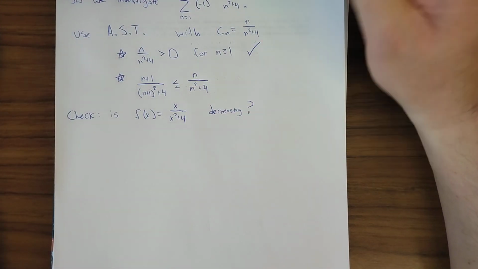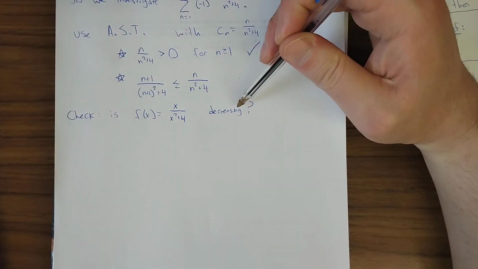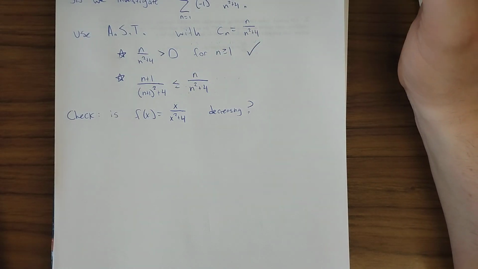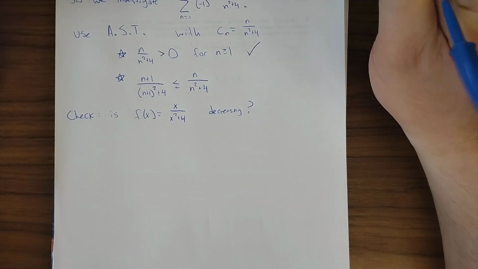Decreasing meaning if I plug in a larger value of x, the function becomes smaller. If it's decreasing, then I'm going to put a check mark for this second star. And I can check whether it's decreasing by taking the derivative.